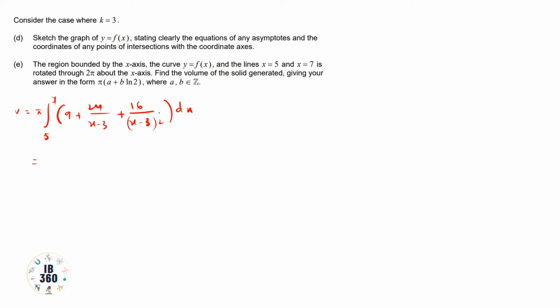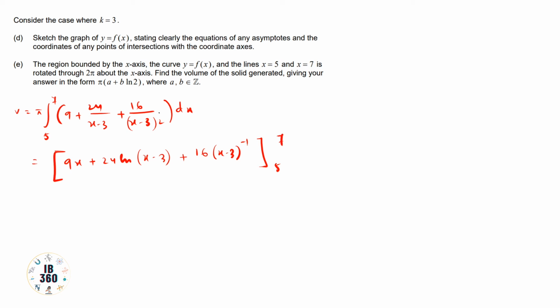So I am getting the normal values: 9x plus 24 ln(x minus 3) plus 16 times the inverse of (x minus 3), and the limits are from 5 to 7.